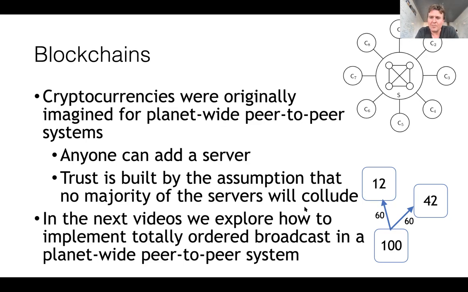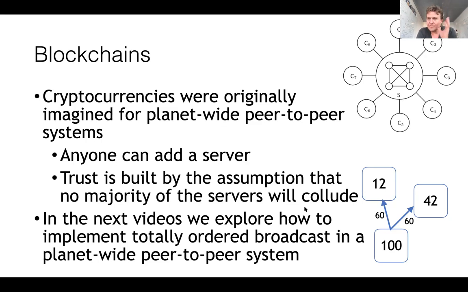And then we have some underlying mechanism to make sure that we all agree what is that sequence or what is that chain. So we will sometimes use this when we're talking cryptocurrencies. We'll interchangeably say blockchain and totally ordered broadcast, but it's really just the same thing. The blockchain is just the underlying totally ordered broadcast mechanism.